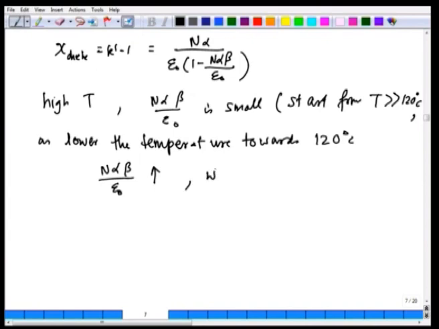What happens when n alpha beta by epsilon naught approaches 1? That is an interesting question, because as it approaches 1, this quantity is going to blow up. The dielectric constant will start going towards infinity, because this will become divided by 0.